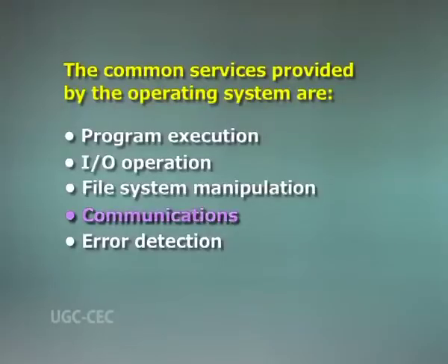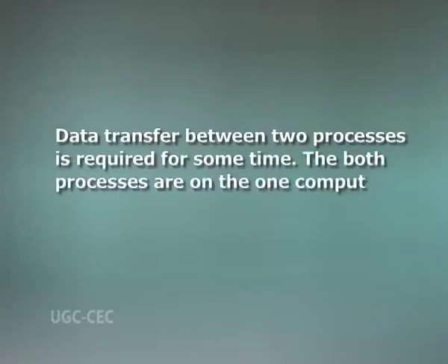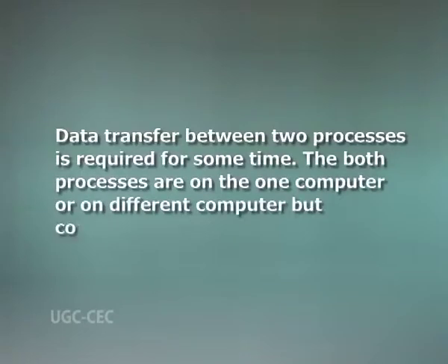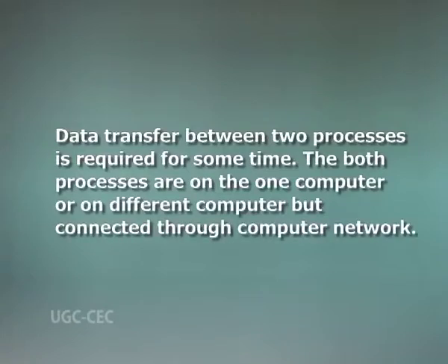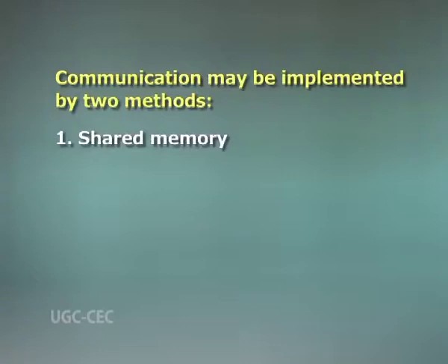Fourth is communication. Data transfer between two processes is required for some time. Both processes are on one computer or on different computers but connected through a computer network. Communication may be implemented by two methods. First is shared memory and the second is message passing.